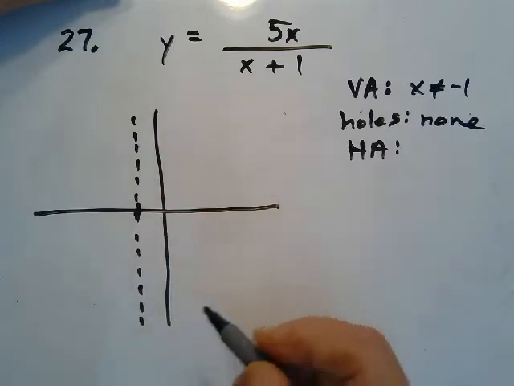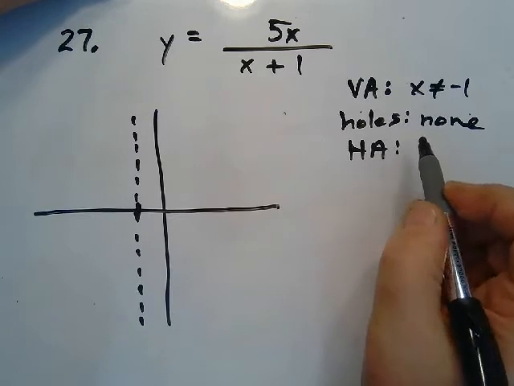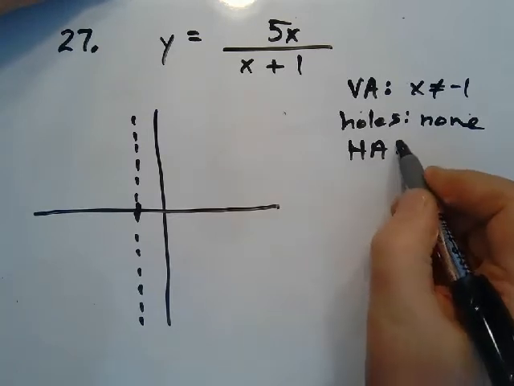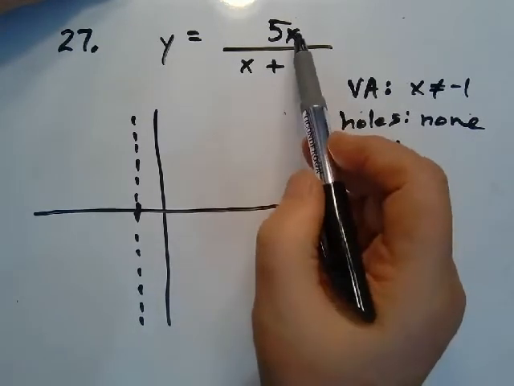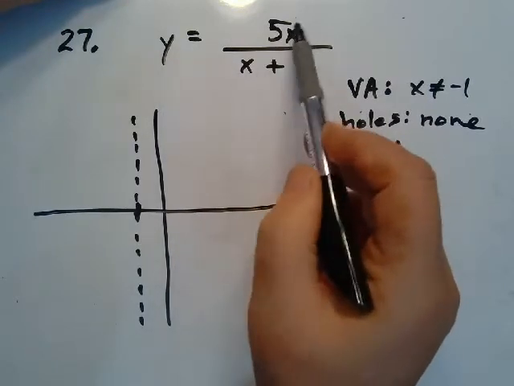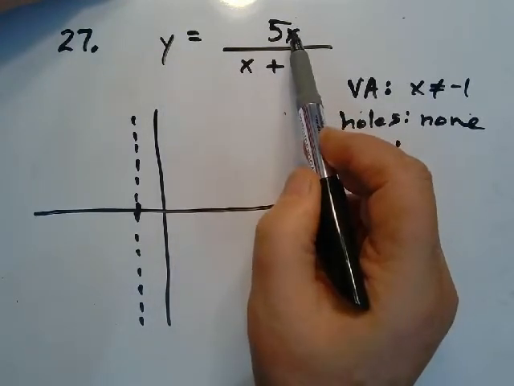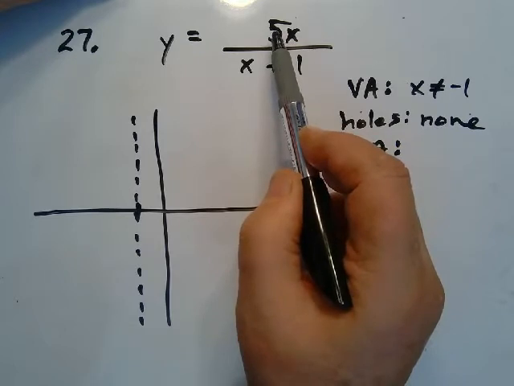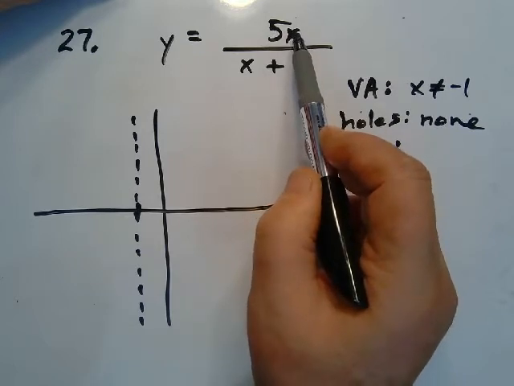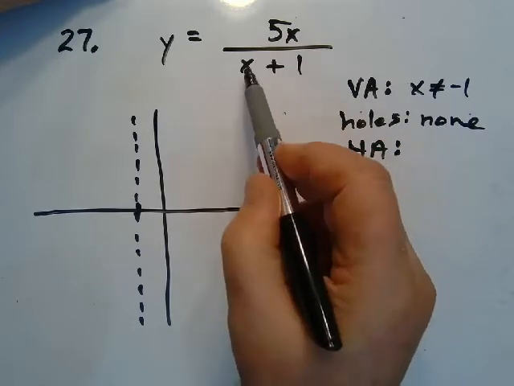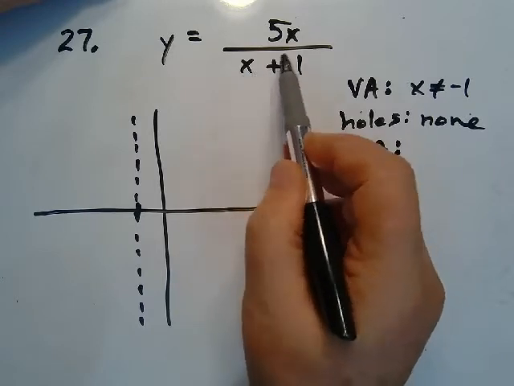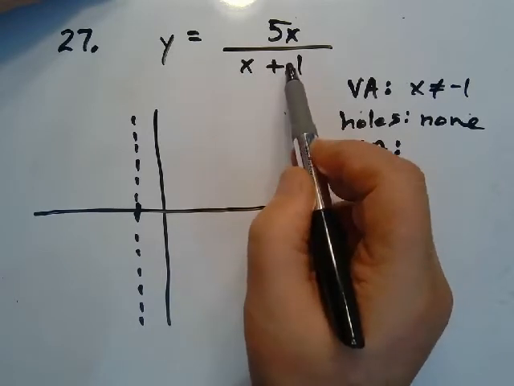Okay, and I need a horizontal asymptote. Now let's think about what happens to y as x gets very big. So on the top, I've got 5 times 1,000,000,000, and on the bottom, I've got 1,000,000,000 plus 1. Well, the plus 1 doesn't mean much here.